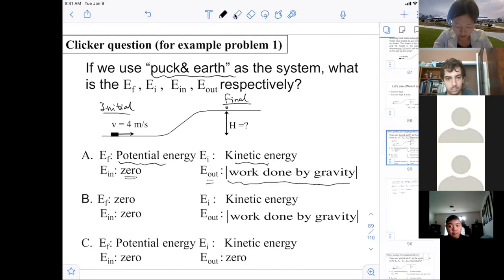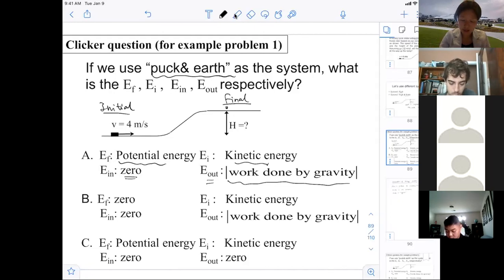Grant said, because gravity is now not an external force, right? Is that what you mean? Yeah, that's what I mean. Yes, very good. Gravity is now part of the force in between your system. Earth is now included, so you cannot include the work done by gravity.